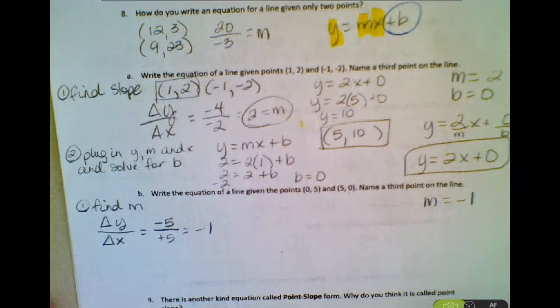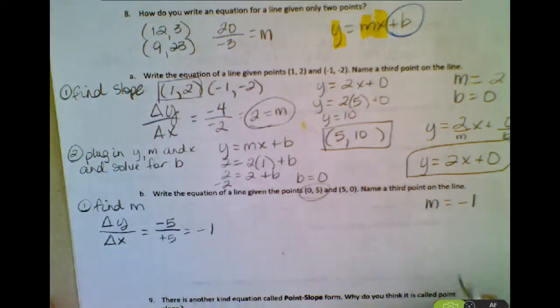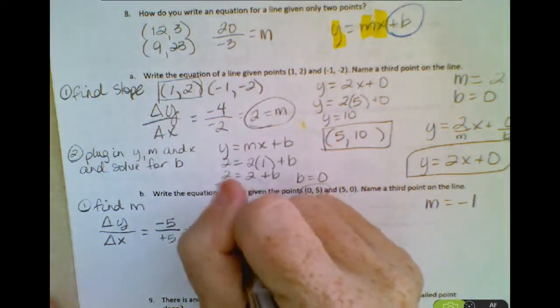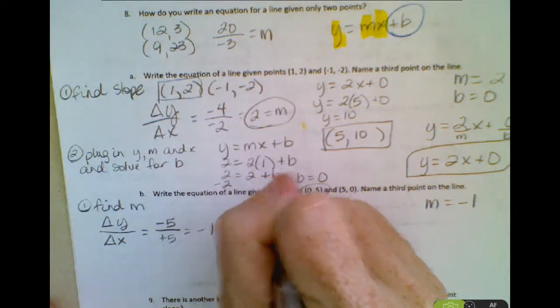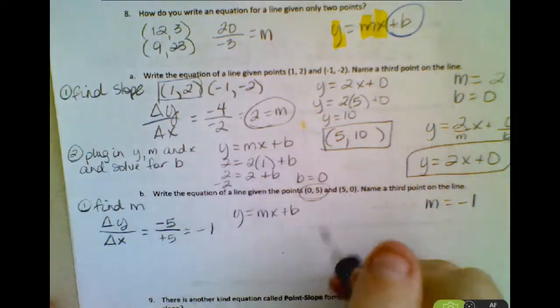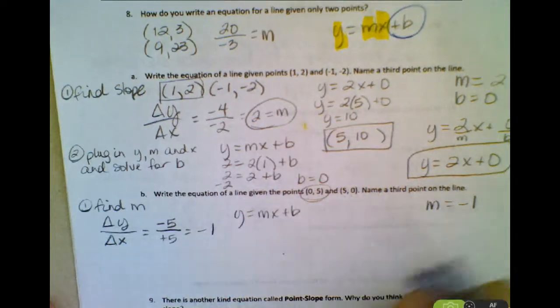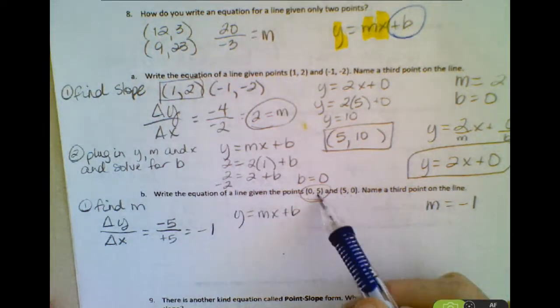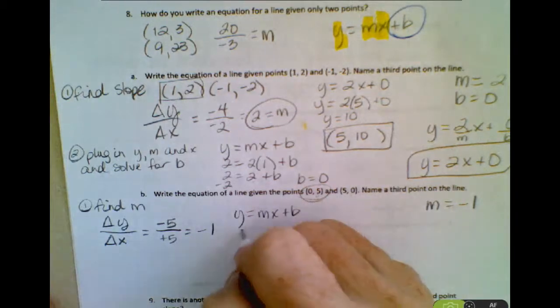So Vanessa, which point would you like to choose? 0, 5 or 5, 0? 0, 5. Okay? So you're going to start with y equals mx plus b, and you're going to plug in for everything but the b. So what's your y value? 5.